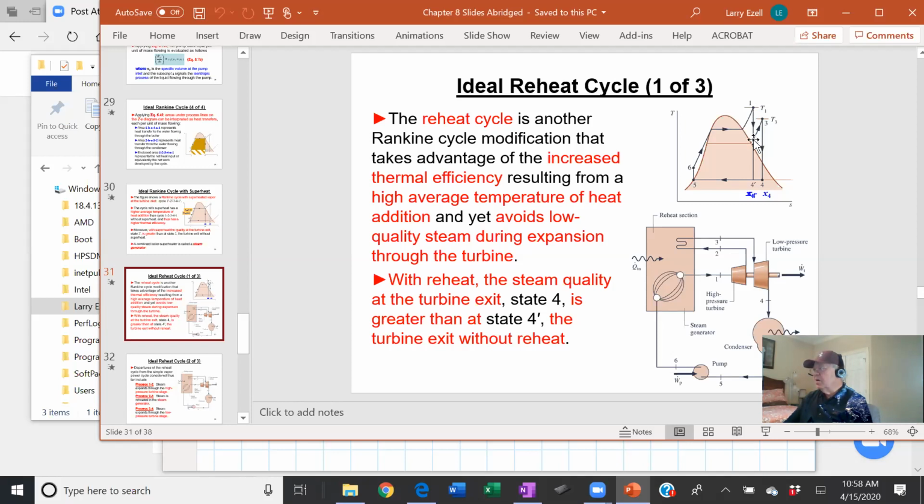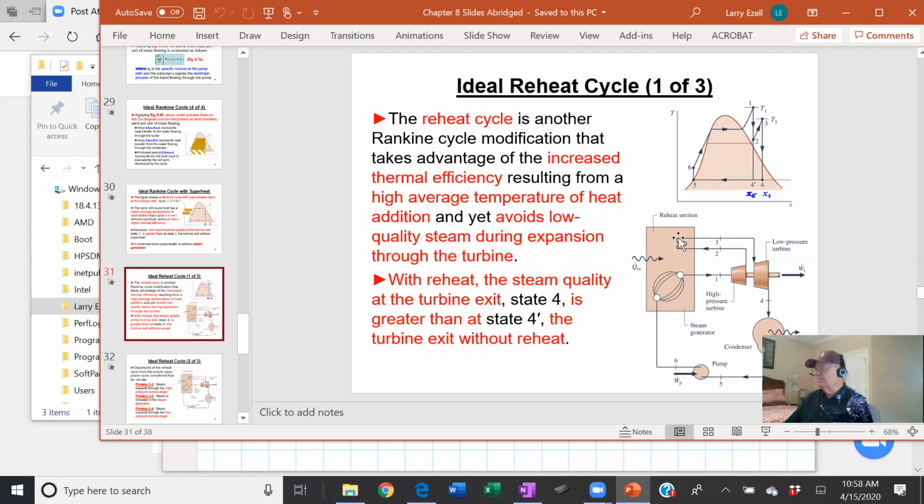goes right in here, almost from 1 to 2. That's through the turbine. You go back and just about touch the saturated vapor line, and then you heat it back up in a separate section inside your boiler, in a reheat section.